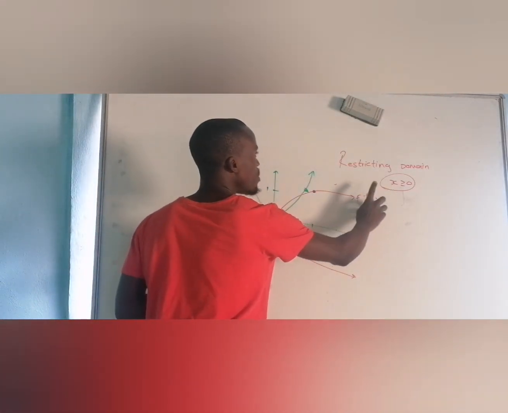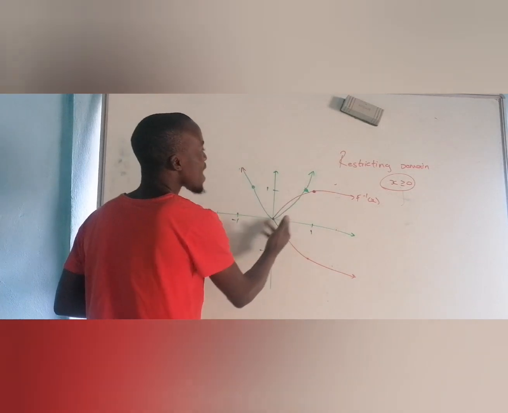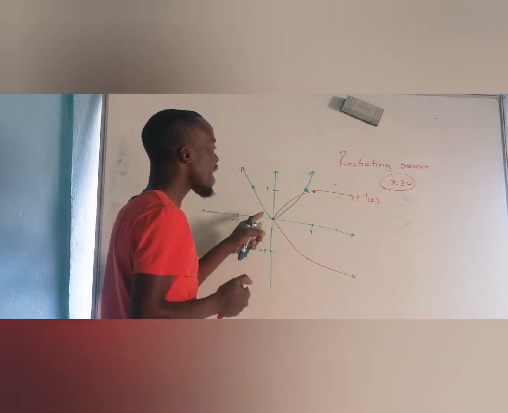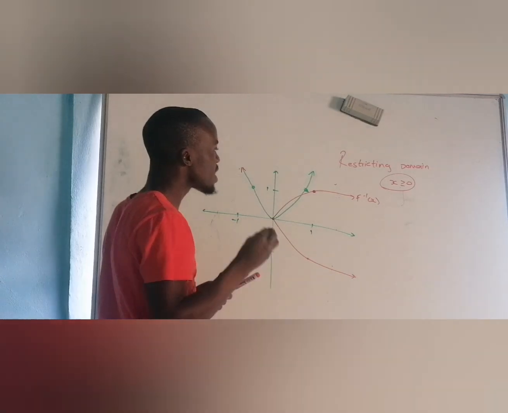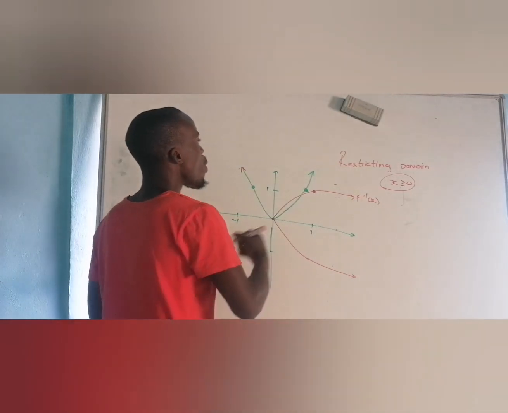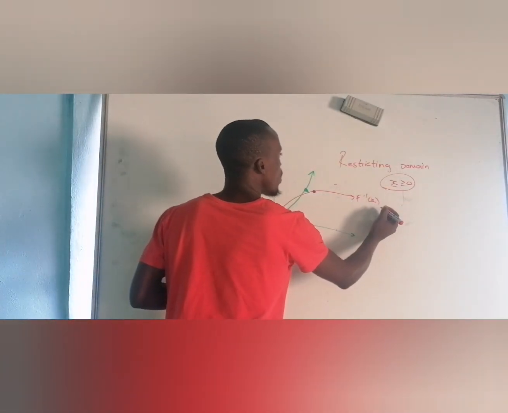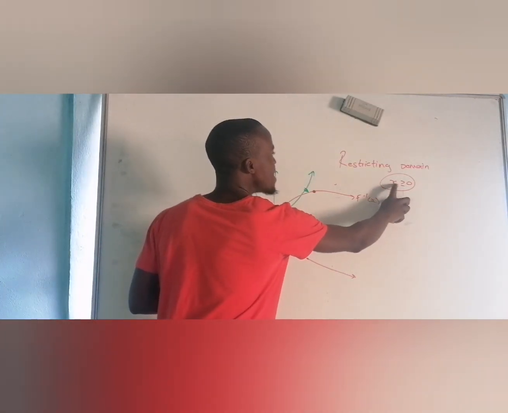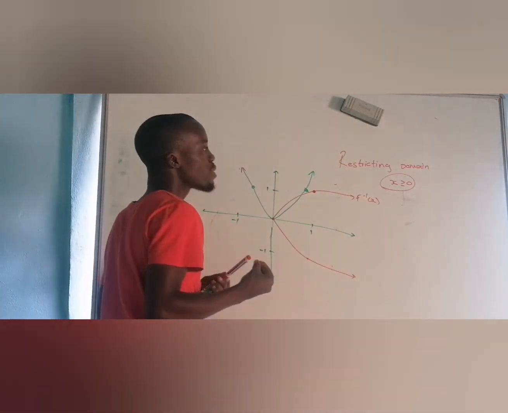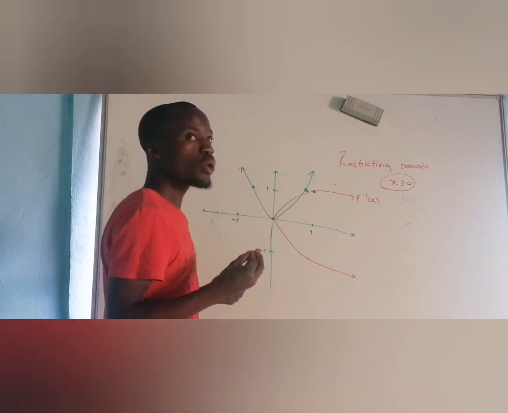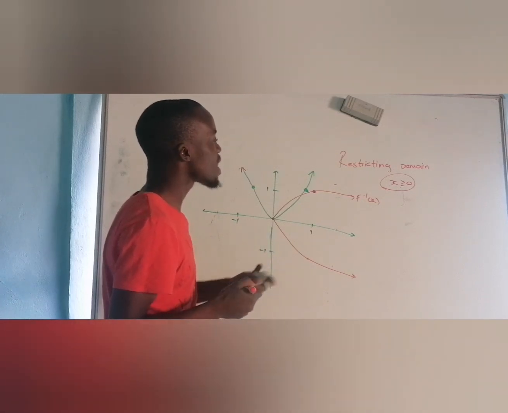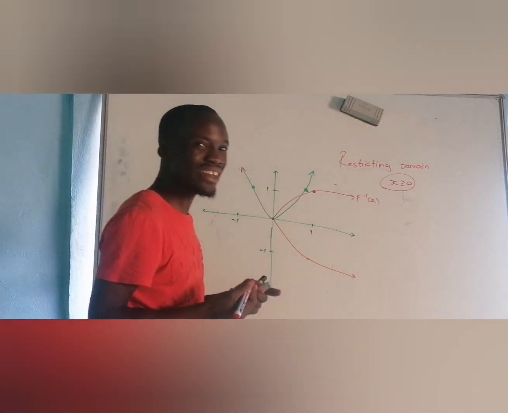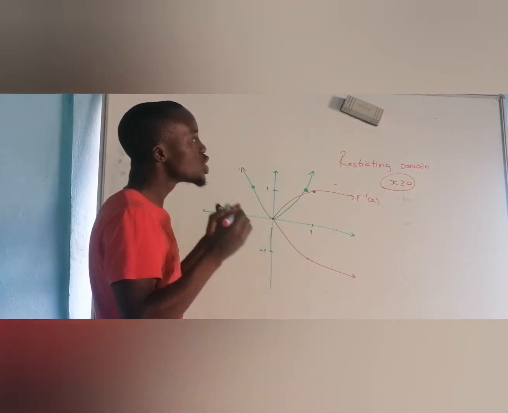When we restrict the domain of the original graph, actually we are cutting the original graph and its inverse at the turning point. Now, how are we going to use this? We want to cut the graph where x is greater than 0. When we talk about something that is greater than 0, that thing is positive. So we want the graph where the x values are positive or equal to 0.